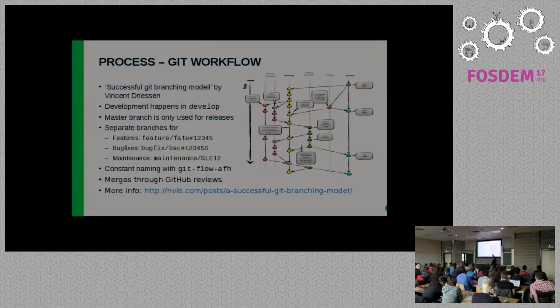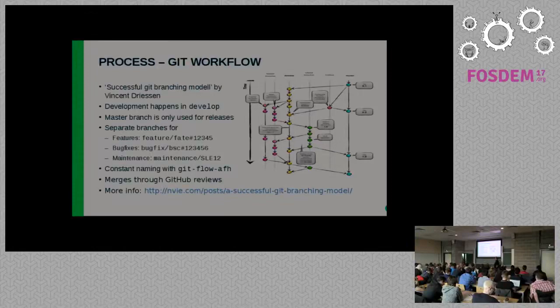So basically we are using the develop branch for development. The master branch is the blue one over here. It's only used for releases. There you have the tags for every release. And then we have different branches for features, bug fixes, and maintenance.